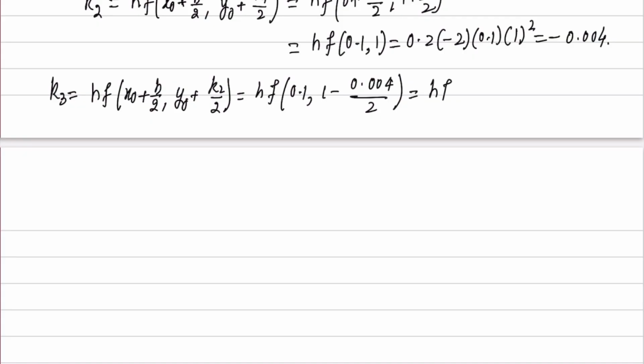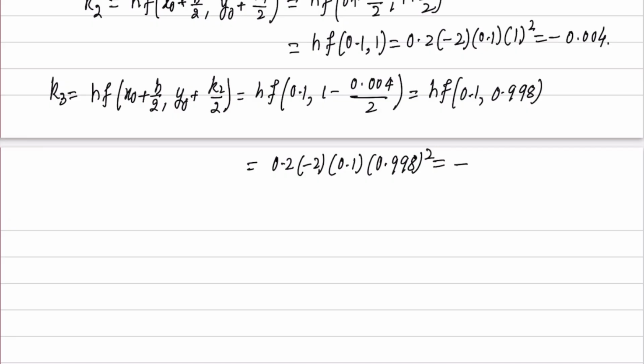So this becomes h f of 0.1 comma 0.998. Now substituting the function f of xy equal to minus 2xy square, this becomes 0.2 into minus 2 into 0.1 into 0.998 whole square. Now multiplying all these numbers, this becomes minus 0.0398.